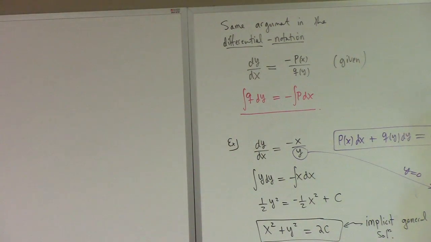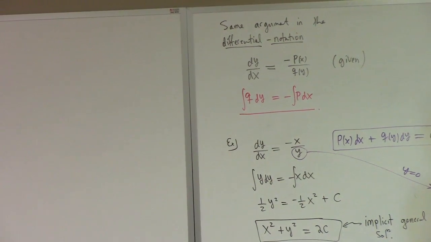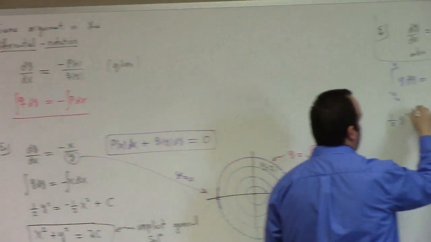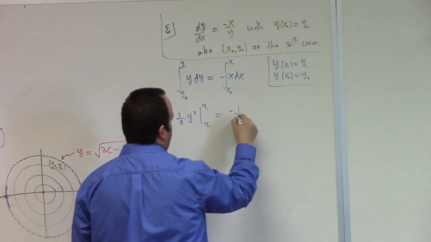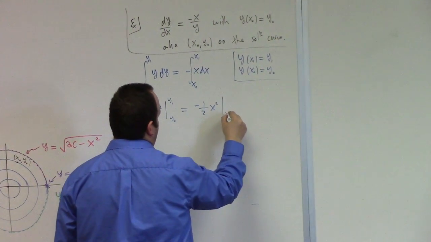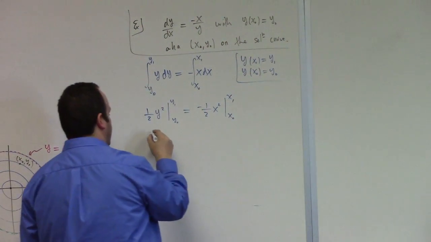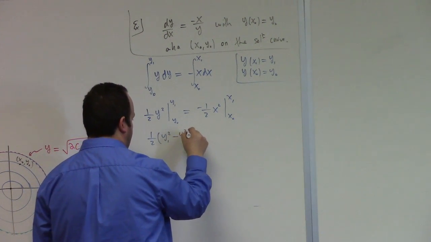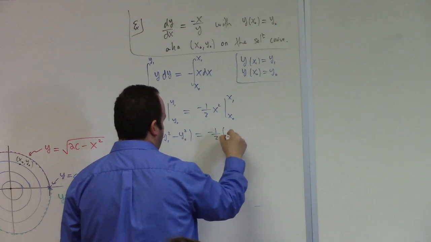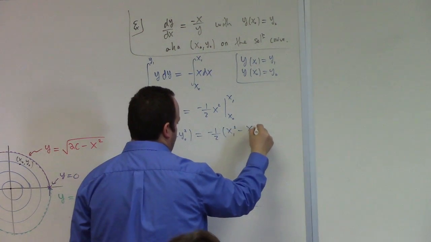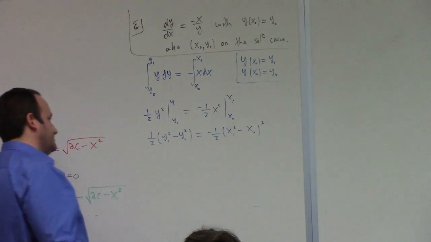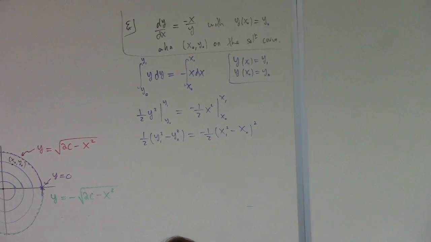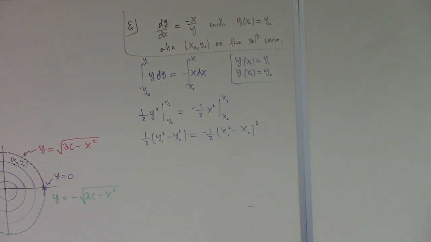Now you can integrate. This is 1/2 y squared evaluated from y naught to y1 is equal to minus 1/2 x squared evaluated from x naught to x1, which gives us 1/2 (y1 squared minus y naught squared) is equal to minus 1/2 (x1 squared minus x naught squared). But I can solve that for x1 squared plus y1 squared.